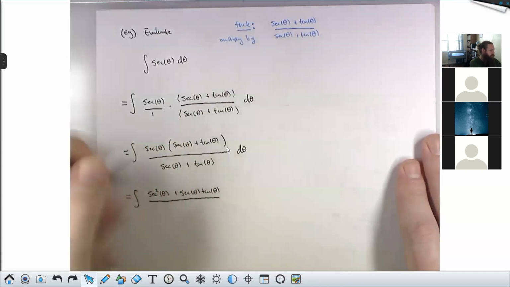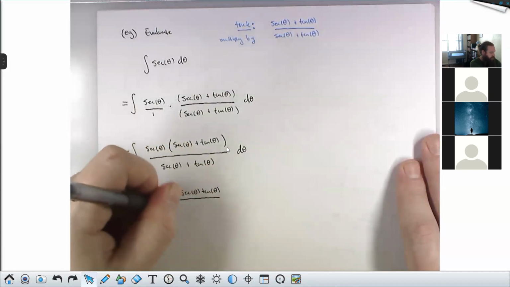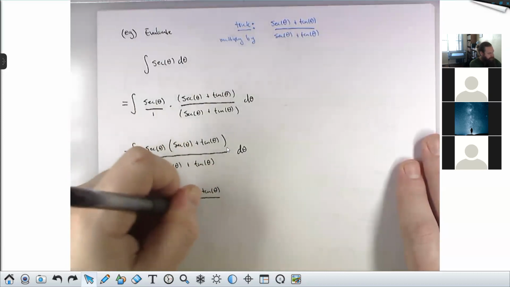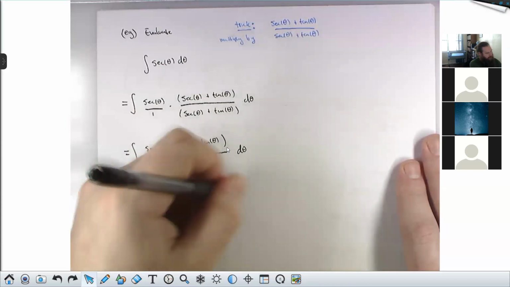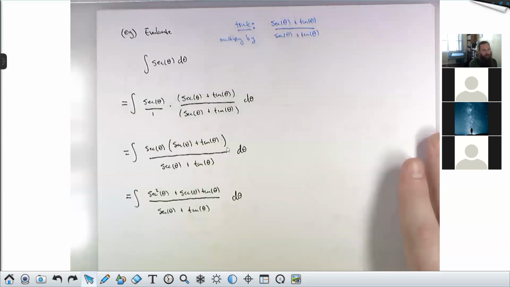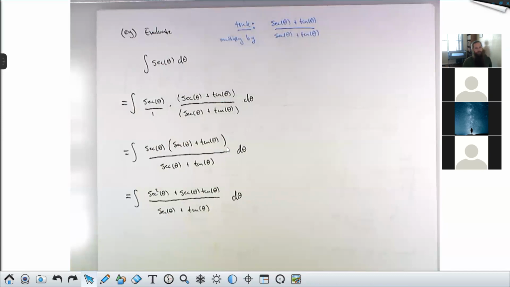And downstairs is secant theta plus tangent theta. So this is my integral. So I want you to now stare at this with me for a second. What do you see here?